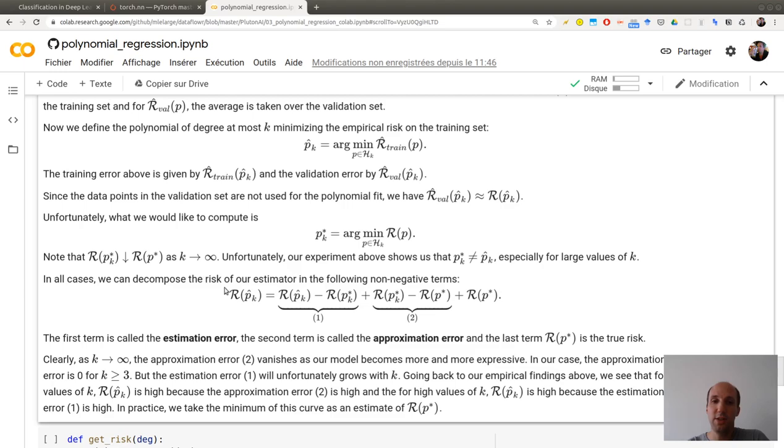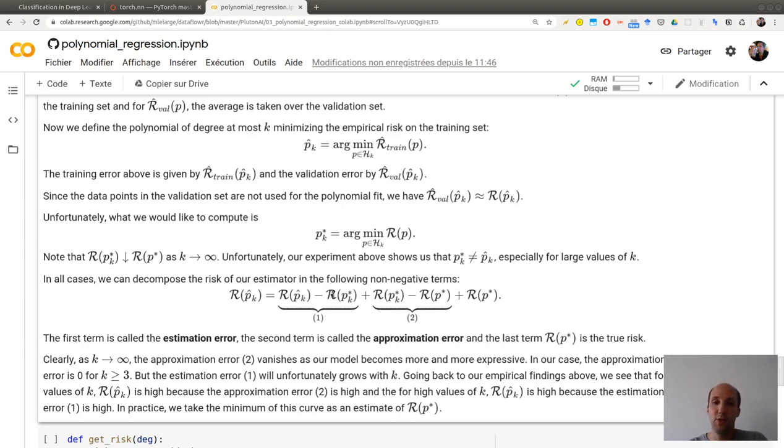decompose the risk of our estimator into three different terms. So the risk of the solution found by your algorithm is the sum of this first term, which is the difference in terms of risk between the solution found by your algorithm and the best possible solution among those you search on, which is this p*_k.